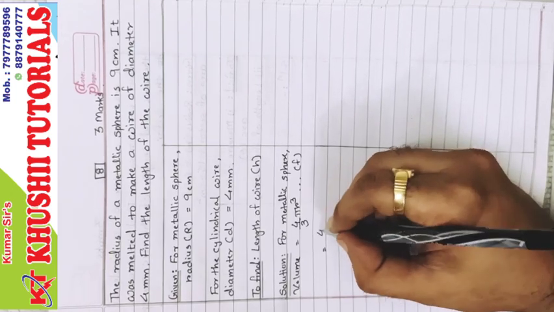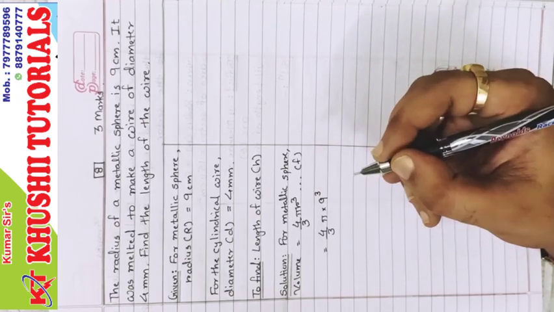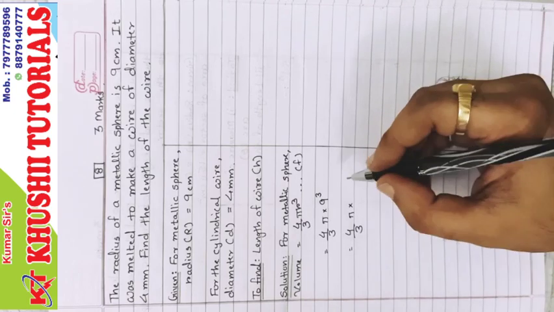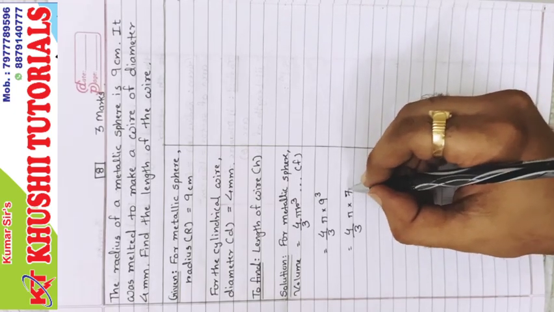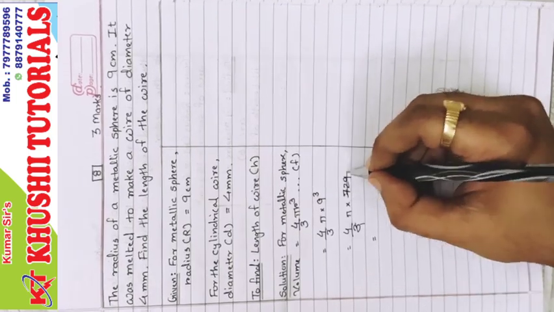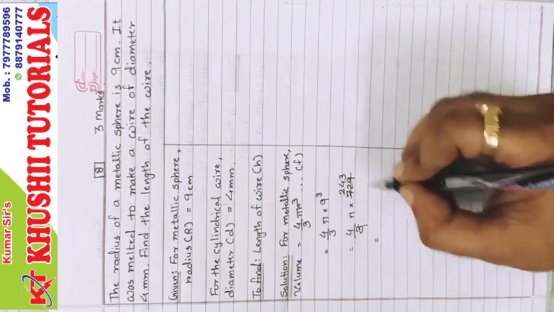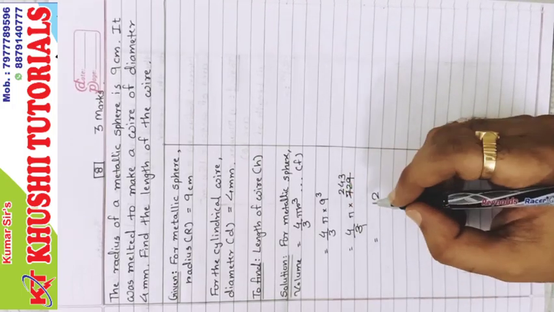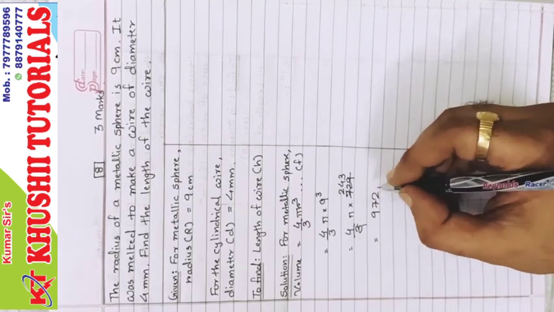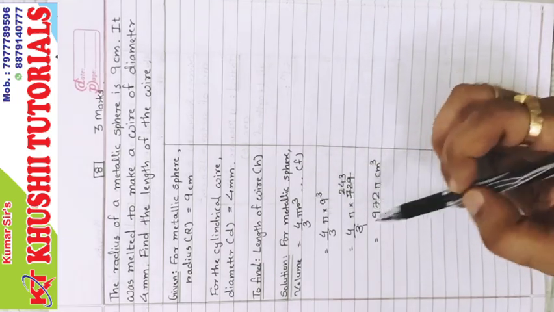Volume 4 upon 3 pi into r, r is 9 cube. Now 4 upon 3 pi into 9 cube is 729. 3 2s are 6, 3 4s are 12, 3 3s are 9... we get 972 pi centimeter cube. That is the volume of the metallic sphere.